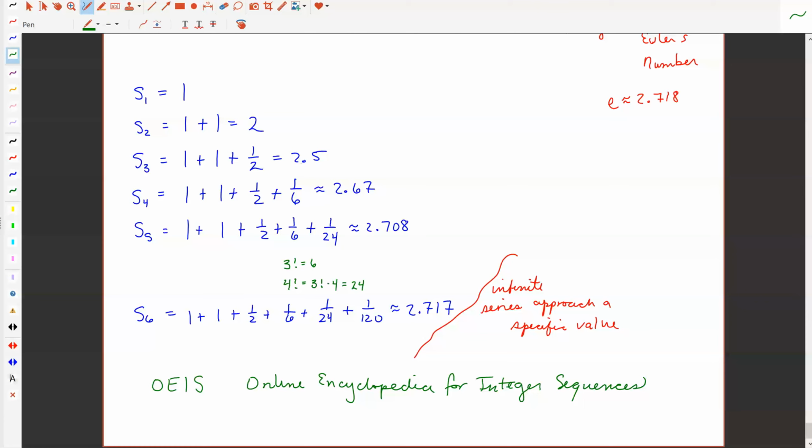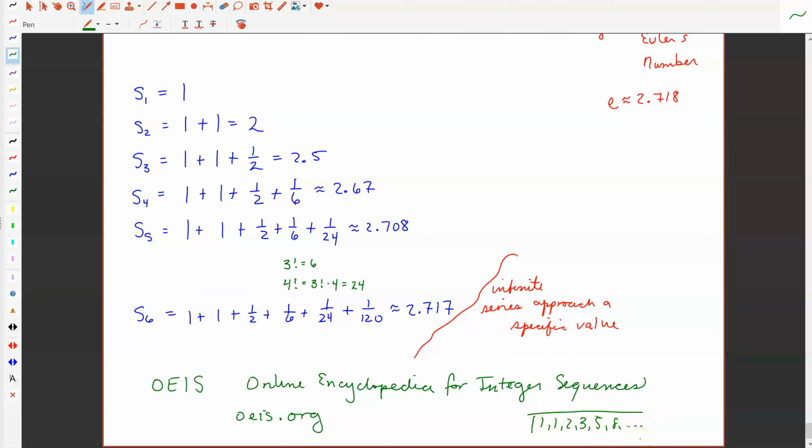So if you wanted to check this out, you could go to oeis.org and type in some terms of a sequence that you're interested in. So maybe you want to do the Fibonacci sequence, which is 1, 1, 2, 3, 5, 8, and so on. You can type as many terms as you want, but the cool thing is that this encyclopedia would look for any sequences that people have added to the database that have the string of values you are inputting.